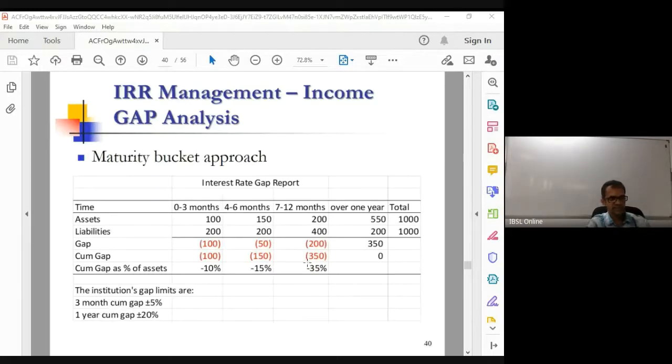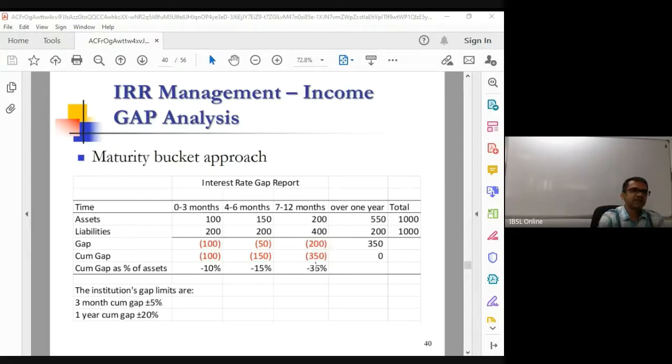The institution's gap limits are: the 3-month cumulative gap should be plus or minus 5%, and the 1 year cumulative gap should be plus or minus 20%. Now you can see there are clear violations, because the 3-month gap is minus 10%, exceeding the limit of minus 5%.